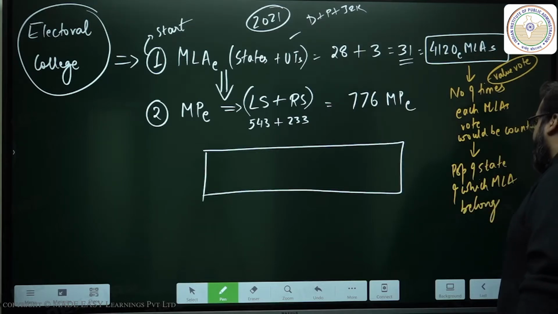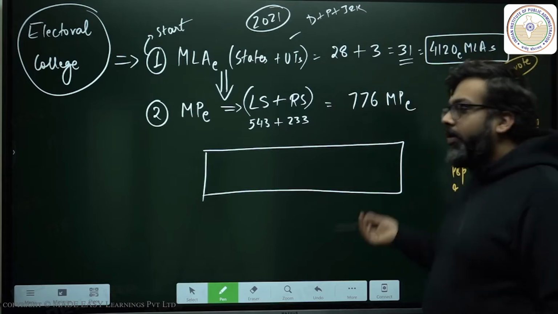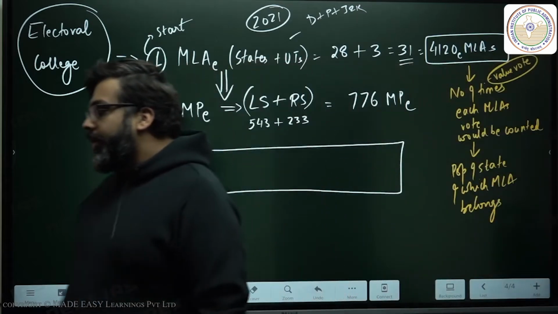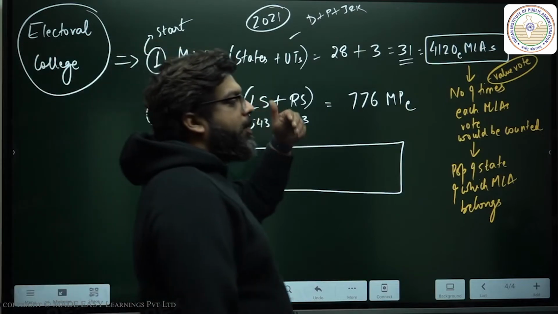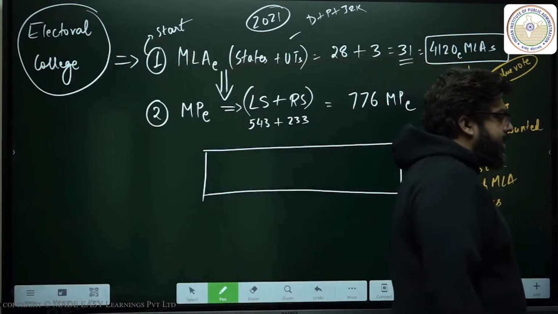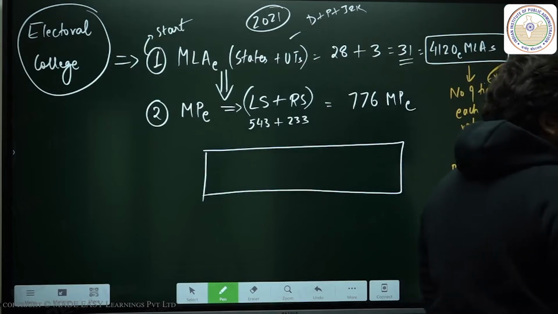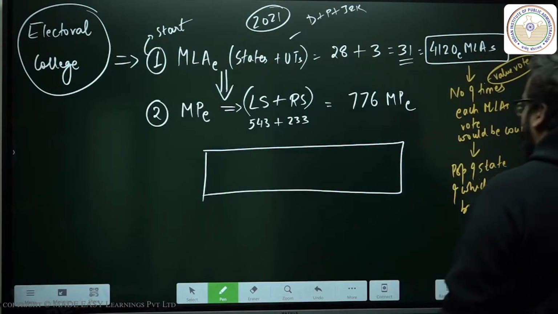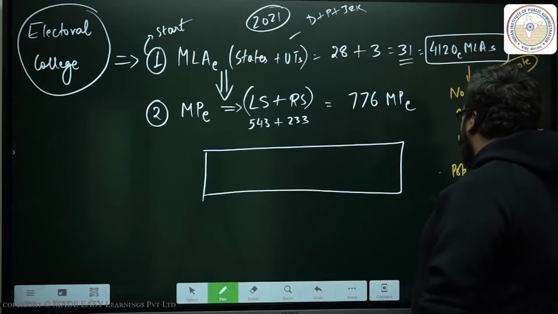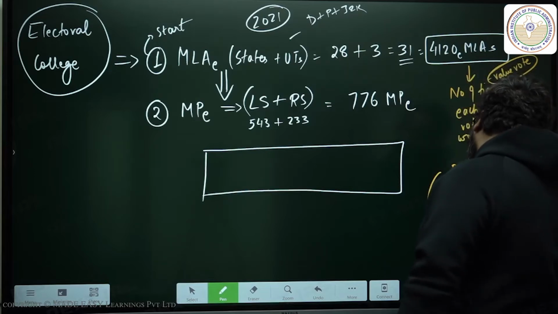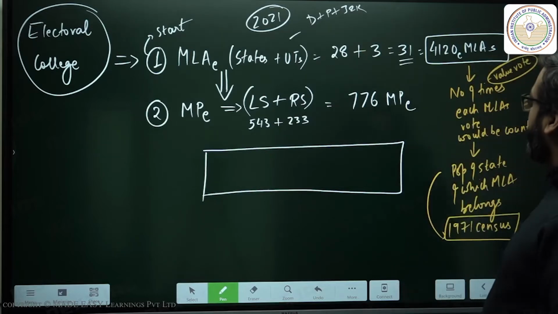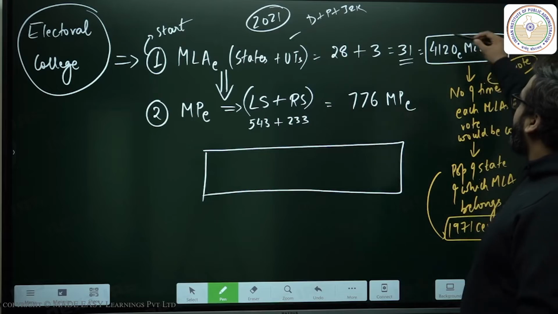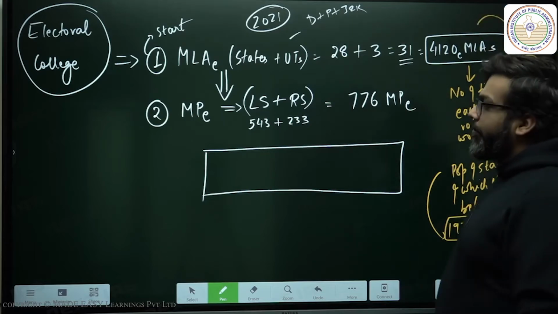That is only fair. Otherwise, all votes will be having the same vote value. So the only way you can differentiate is that a UP MLA's vote will be counted more number of times than an Arunachal Pradesh MLA's vote, because the populations are different, and this population is based on the 1971 census.